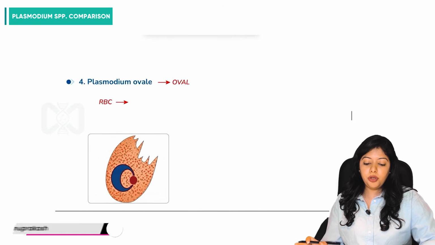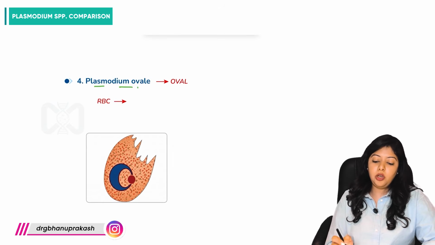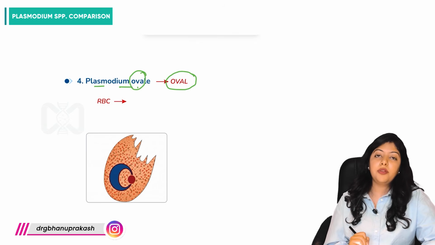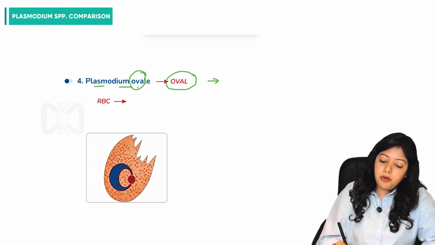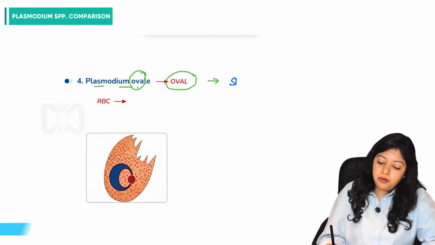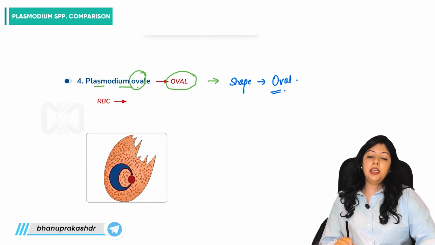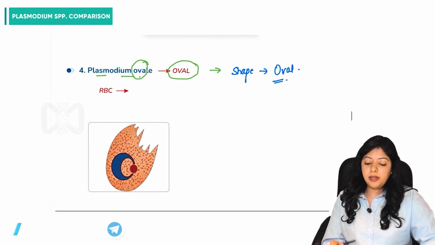Now let's move on to another species, that is Plasmodium ovale. Ovale stands for oval. We can derive oval from this. So that means the shape of the RBC is going to be oval in case of Plasmodium ovale infection, right?